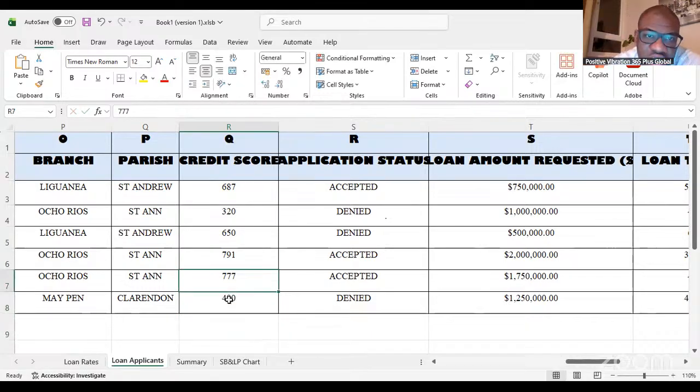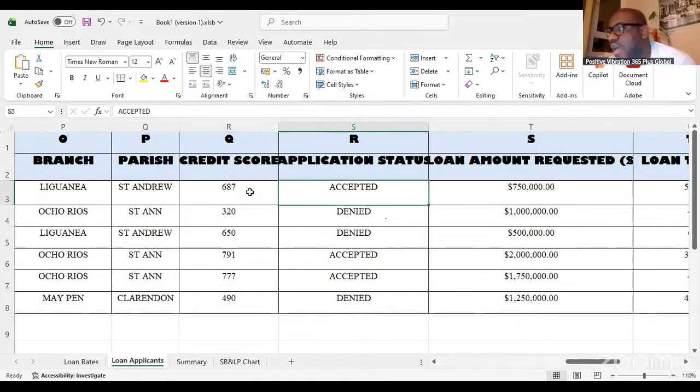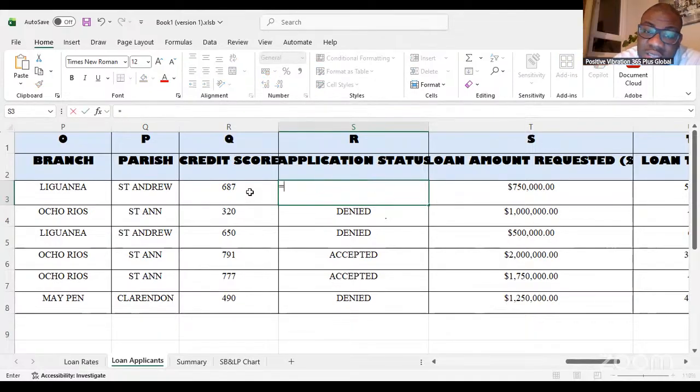Cool. So what it just means is that this is what you're going to use to determine if they're good or not. Now, the next thing on there, they say application status, so only approve or deny, will be dependent on the credit score. So this here needs to be a formula. Again, you're going to be using the IF formula. So who are the people who should get approved? What credit score?